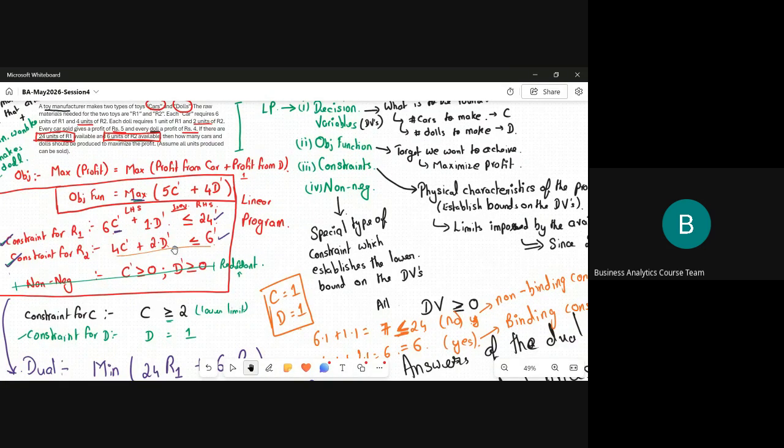You may not buy, because if I have to buy 2 R2, I will be able to make 1 D, which means my profit is only 4. Making sense? So if you come and put me 5 rupees for R2, I will not buy. But if you come and put me 1 rupee for R2, I will buy, because every 2 things I can increase by 4. That is the beauty of it. It quantifies and tells you how much you will be willing to pay for that binding resource.